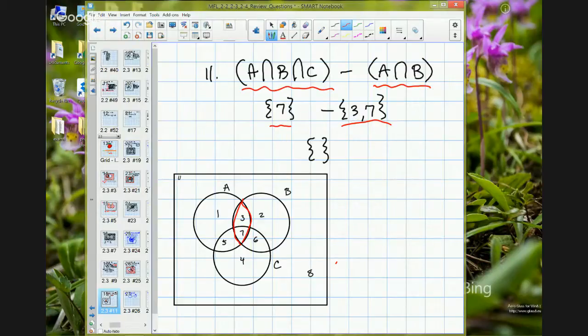What's left? Nothing. Empty set. You know, 7 shows up to the club, and the bouncer has on his list, you throw out 3 and 7 when they come. Well, 7 came, so he's out. 3 never came. We've got an empty club. So the final answer on that one would be the empty set.